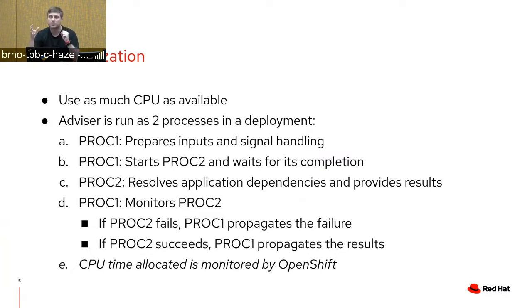In the meantime, process 2 resolves application dependencies and provides results, and the process that monitors process 2, once it sees the process finished the resolution process, obtains results, or if the resolution process was not successful, process 1 can propagate information about failures that happened during the resolution process.